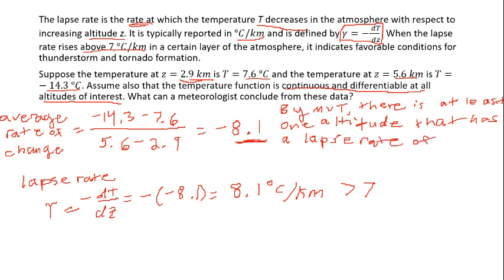We don't know where in the atmosphere it is. It doesn't really matter. We just know that somewhere between these two altitudes, there is at least one layer of the atmosphere that has a lapse rate of exactly 8.1 degrees Celsius per kilometer. That's the mean value theorem. And since that is bigger than 7 degrees Celsius per kilometer, we have the potential for thunderstorms and other severe weather.